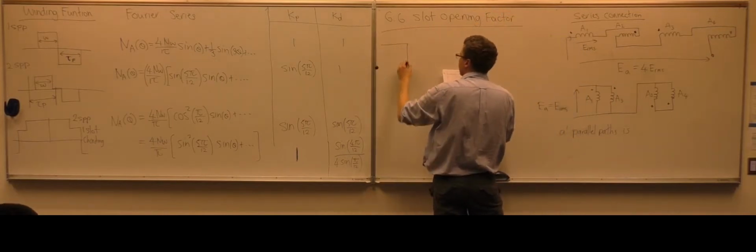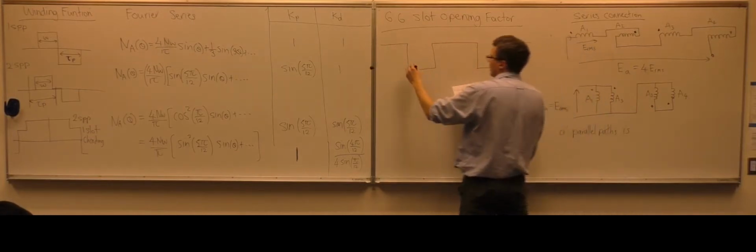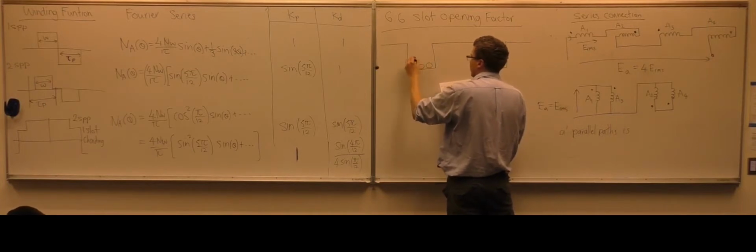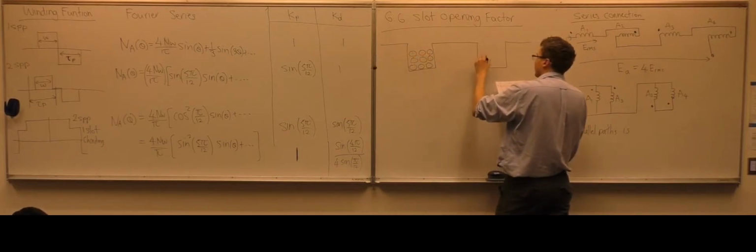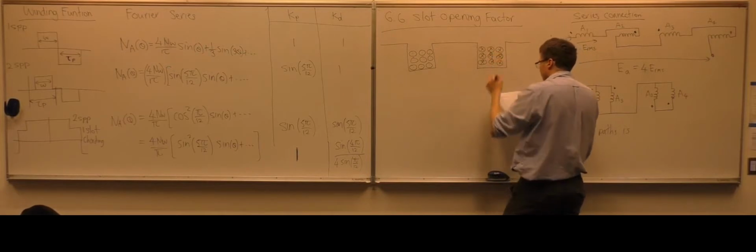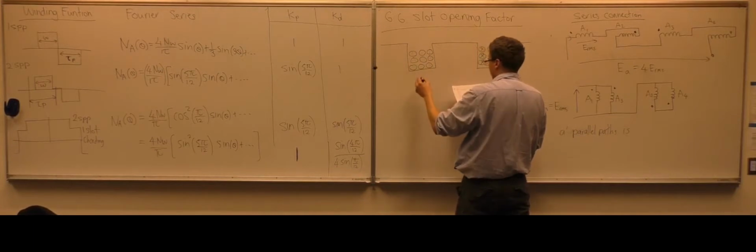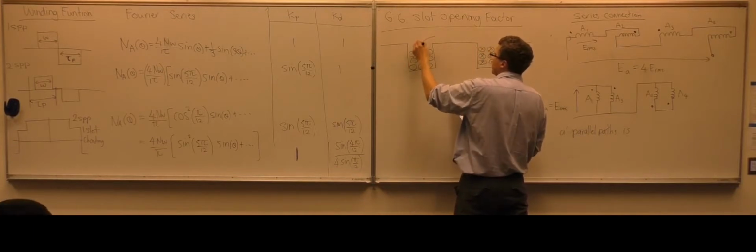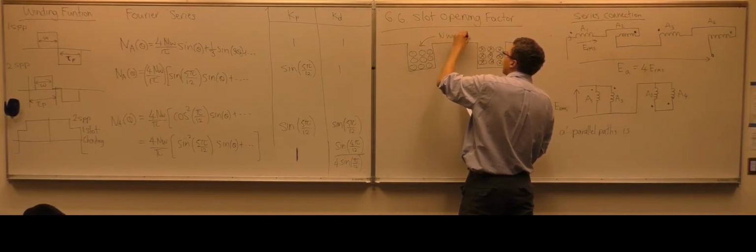If we actually think about the slot a little bit more, then this slot is likely going to be filled up with lots of coils. So we can model that more accurately without too much work, actually. So this could have N windings.